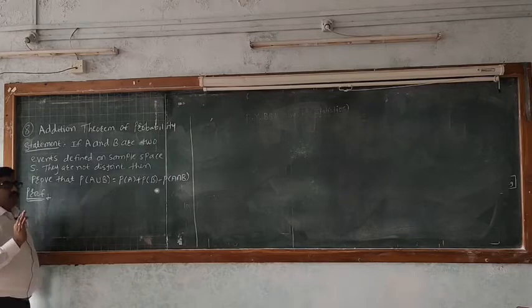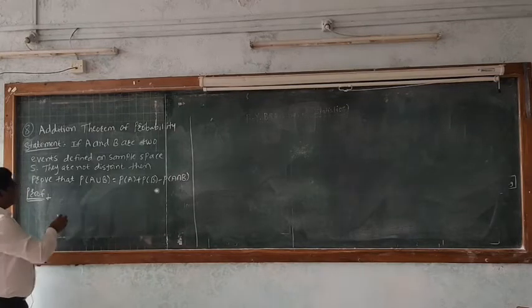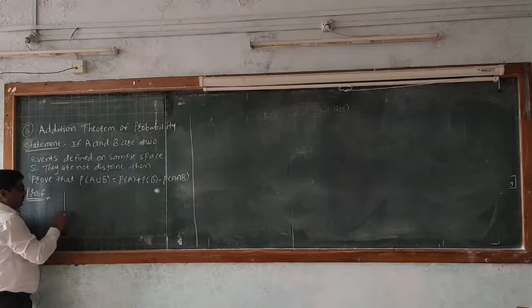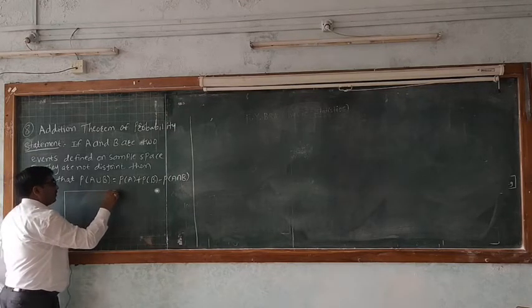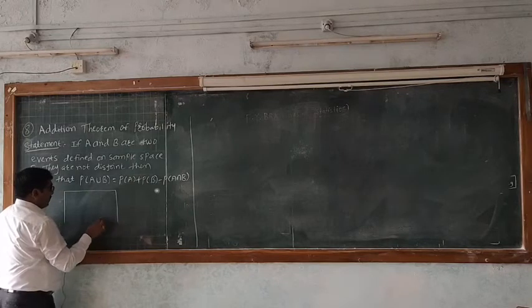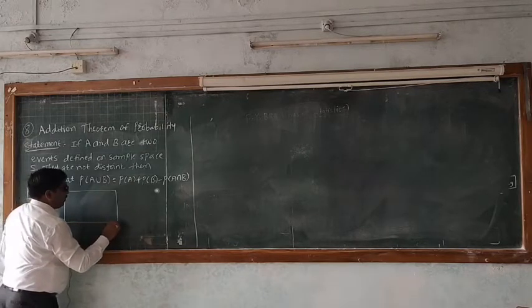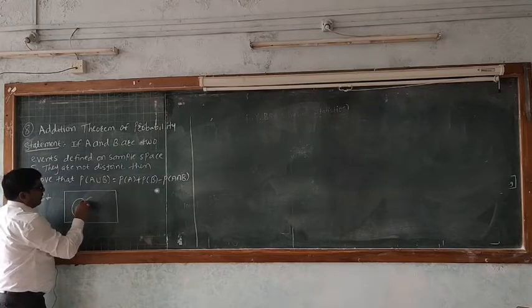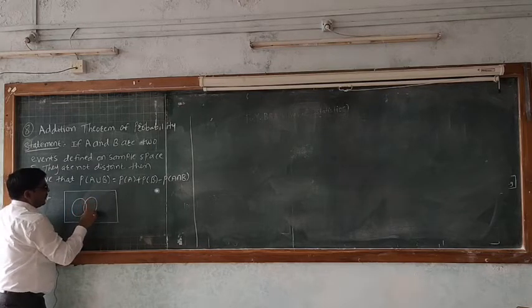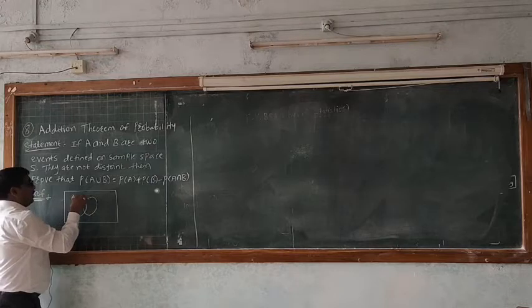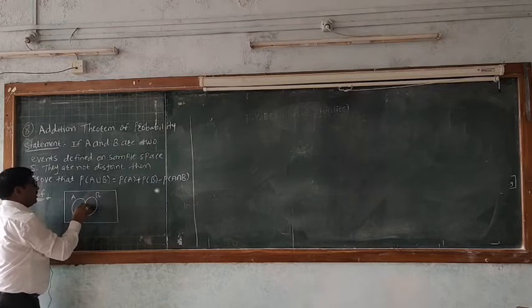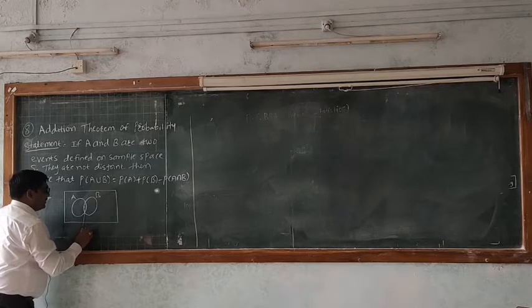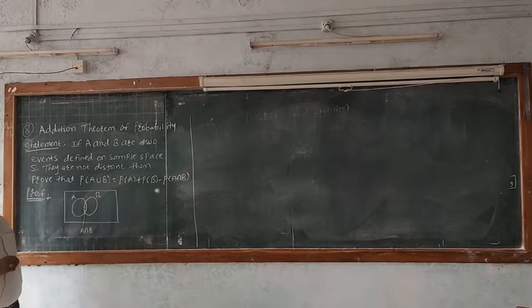Now, first we will draw the Venn diagram. So this is A, B. This is your common region, A intersection B. Right, student.